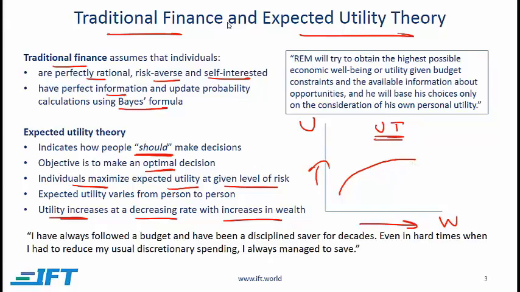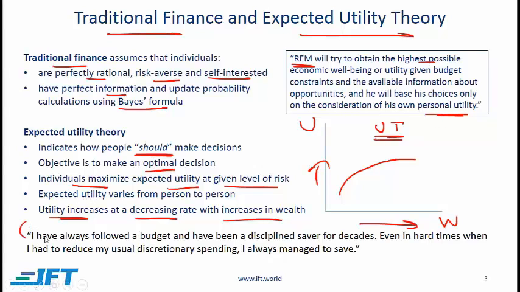A term frequently used in the context of traditional finance is REM, or rational economic man. A rational economic man will try to obtain the highest possible economic well-being or utility given budget constraints and the available information about opportunities, and he will base his choices only on the consideration of his own personal utility.